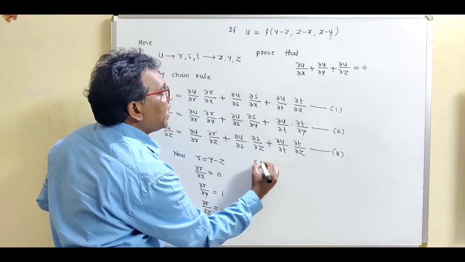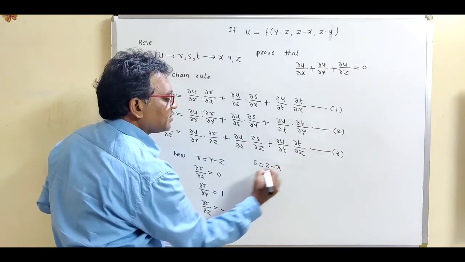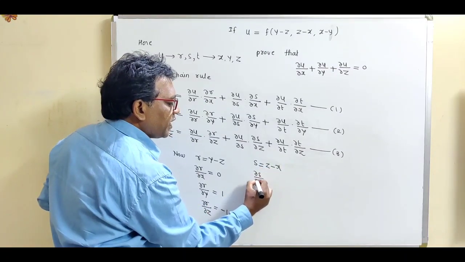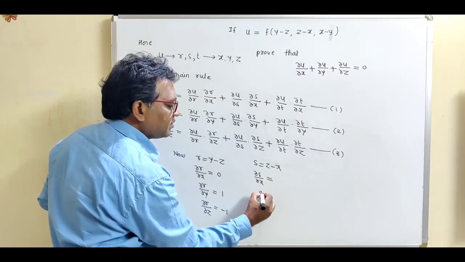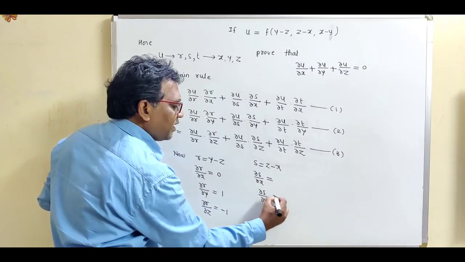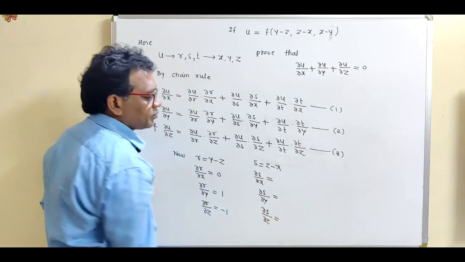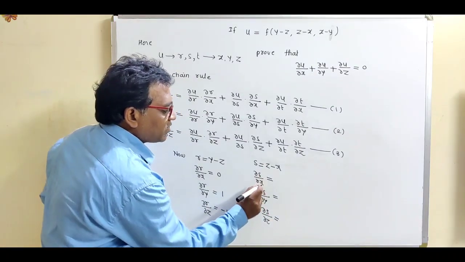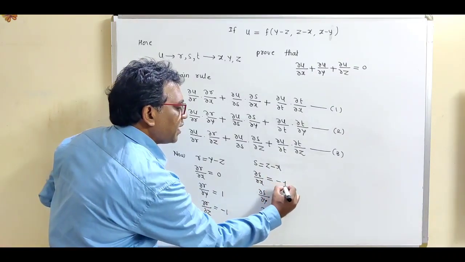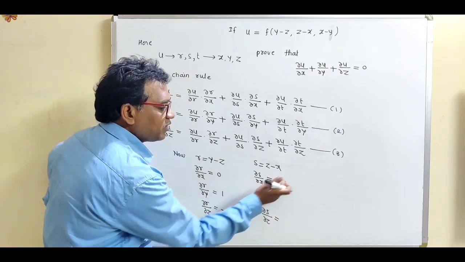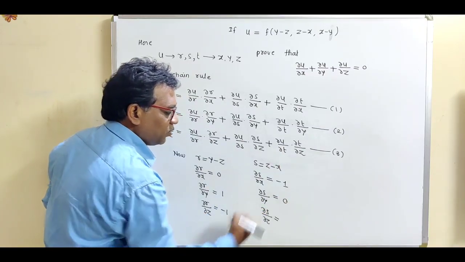Write down the second value, s equals z minus x. So again find out 3 partial derivatives ∂s/∂x, ∂s/∂y, ∂s/∂z. With respect to x, this is minus 1. With respect to y, there is no y, so the derivative will be 0.